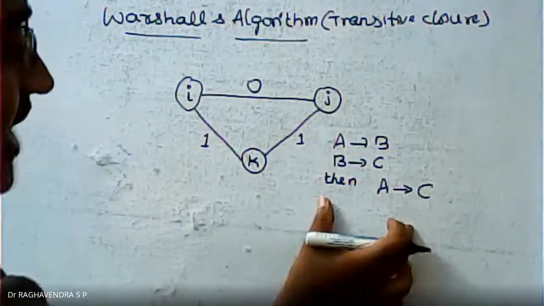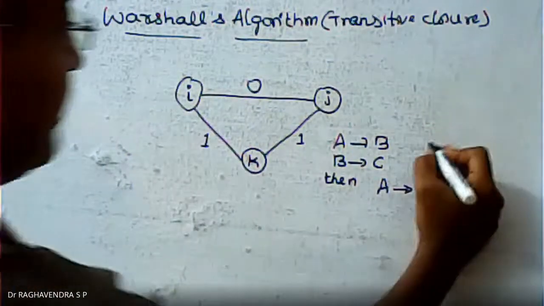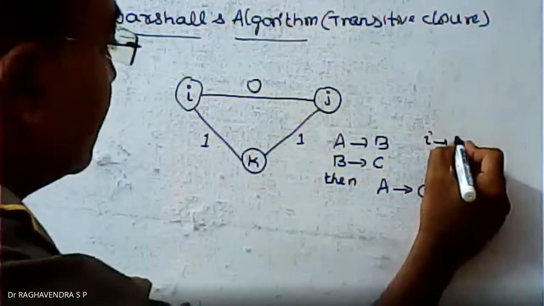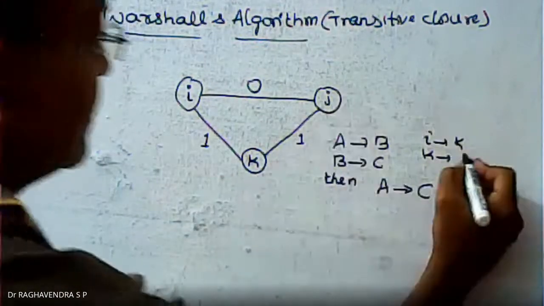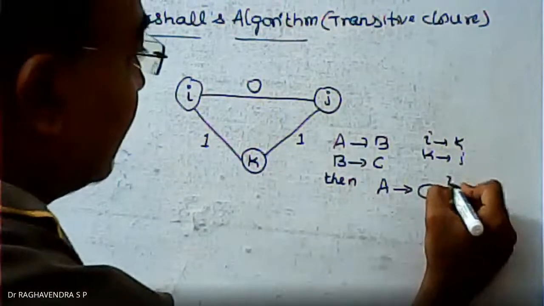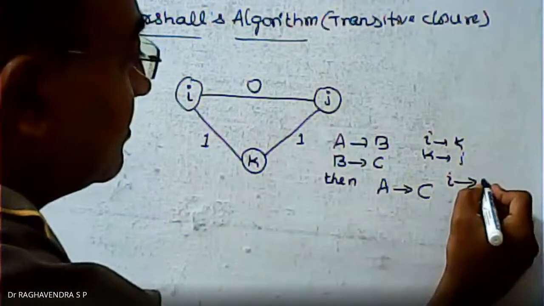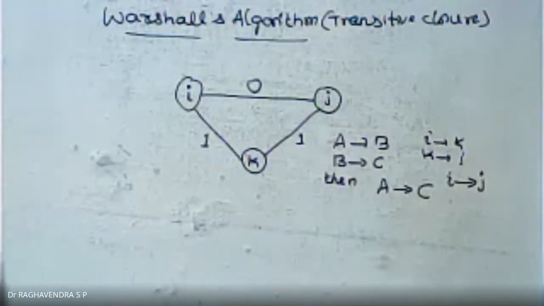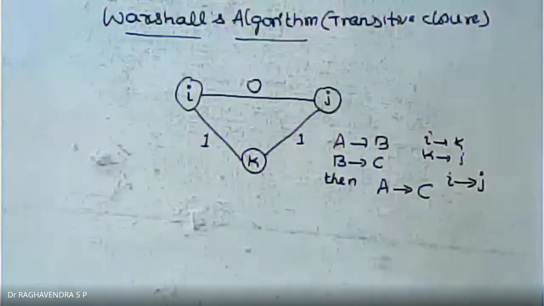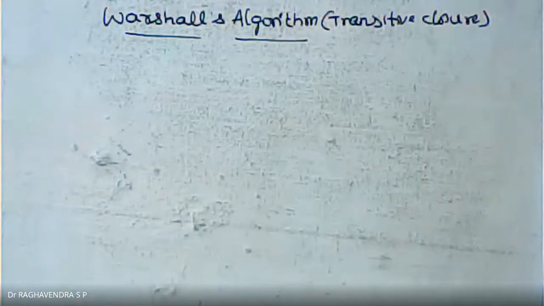Transitive closure is the same idea: if there is an edge from I to K, and an edge from K to J, then we can declare that there is an edge from I to J. This we call transitive closure. Take the definition.